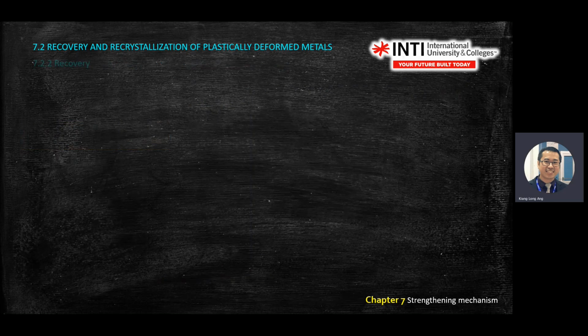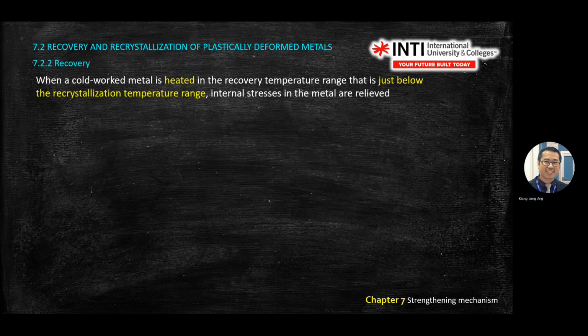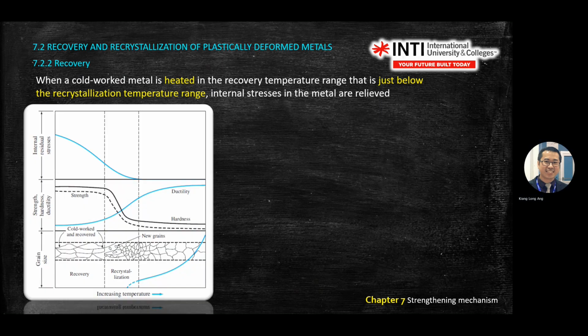Next, we look at recovery. When the metal has been cold worked and is heated just below the recrystallization temperature range, internal stresses in the metal are released. So if it heats up and, before it reaches the recrystallization temperature, it cools down, the internal stress of the metal is relieved.